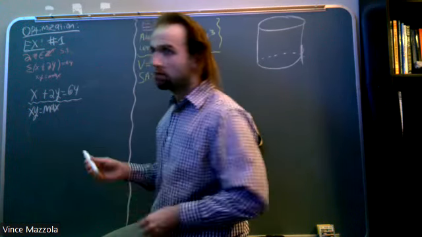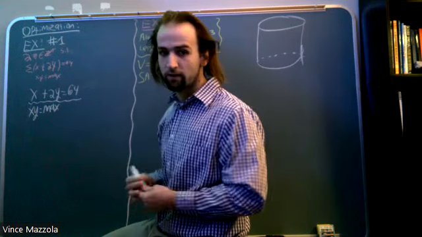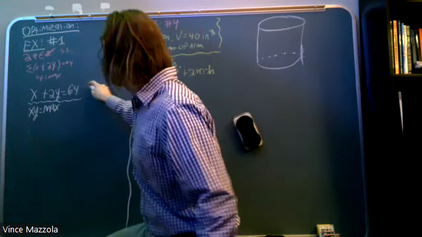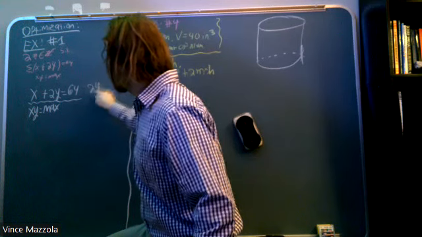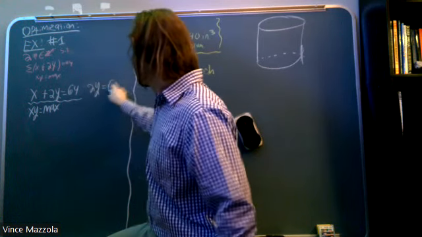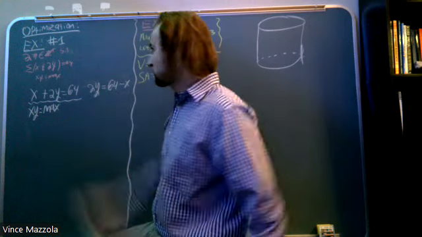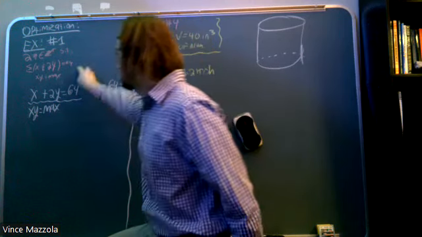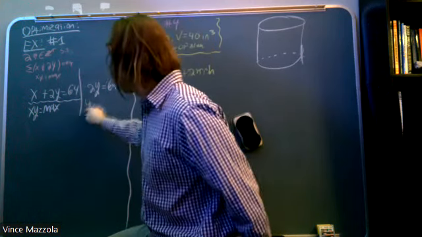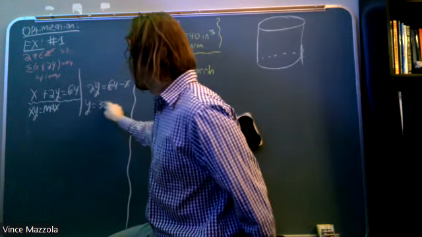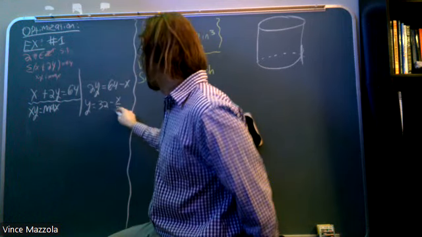Probably the easiest is to solve for y. There are multiple ways you could do it, and you'll get the same answer regardless. So 2y equals 64 minus x, and then y is 32 minus x over 2.